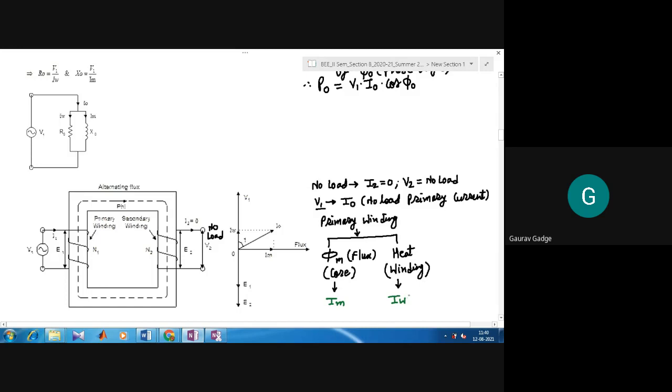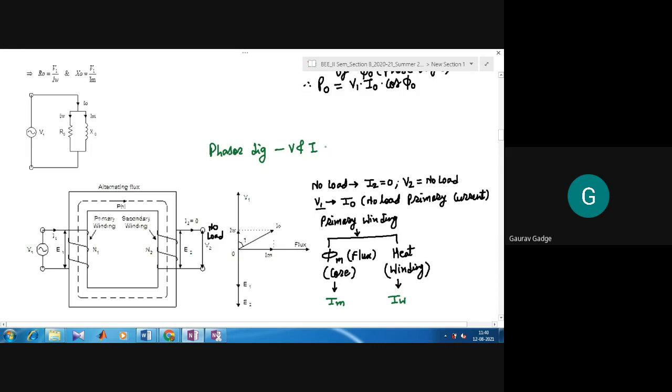Okay. So now we have to represent these currents and the other parameters like voltage in the phasor diagram. Phasor diagram is always plotted between voltage and current. So we have to make the phasor diagram considering voltage and current parameters.